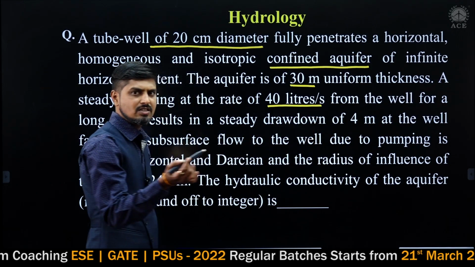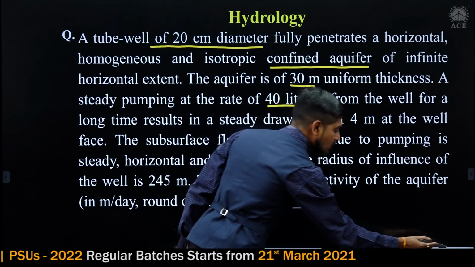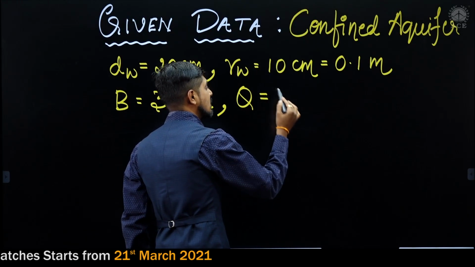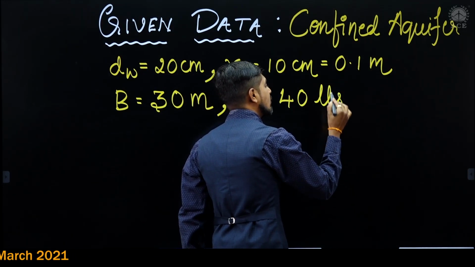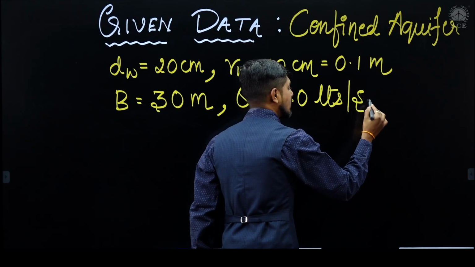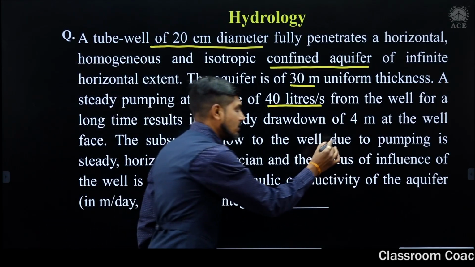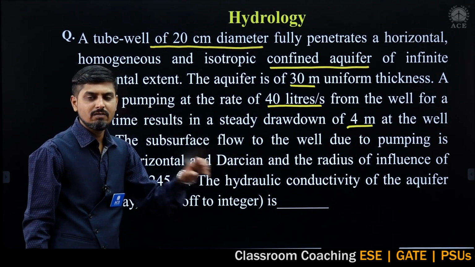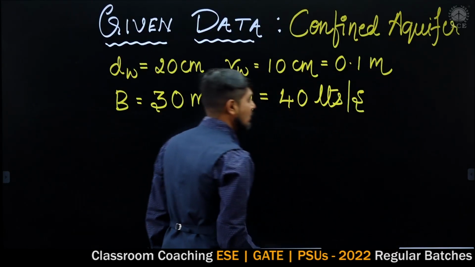This 40 liters is nothing but the steady state discharge, that is capital Q. So capital Q is given as 40 liters per second. Then there is one more thing given, that is 4 meters. What is this 4 meter here? It is the drawdown in the well. So I will give the notation SW.